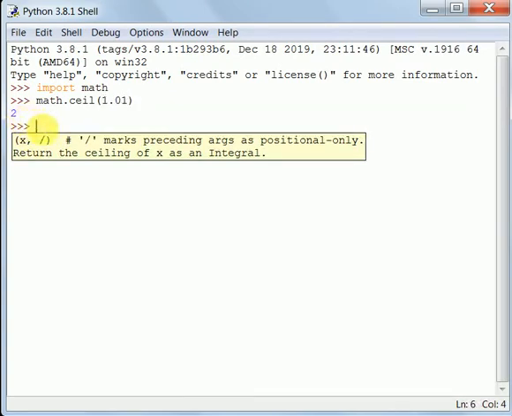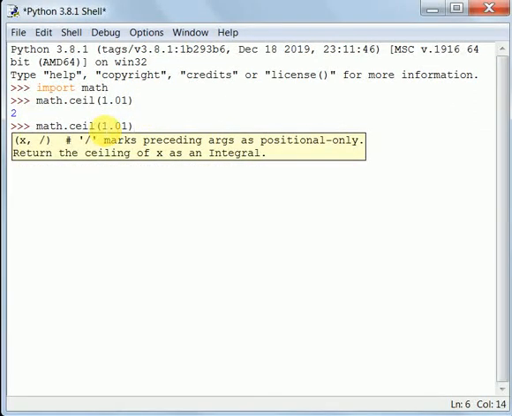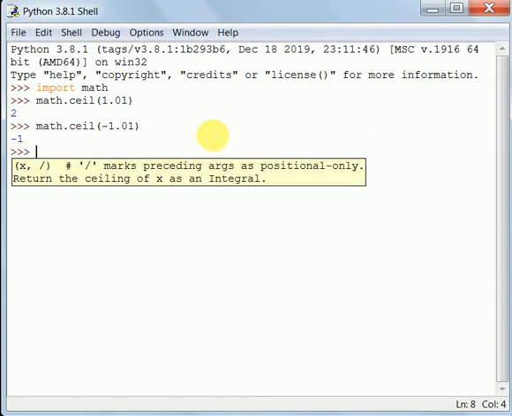Next, if I am writing here math dot ceil of -1.0, what is the integer greater than -1? It will be -1, because -2 is less than -1, so it is showing -1.